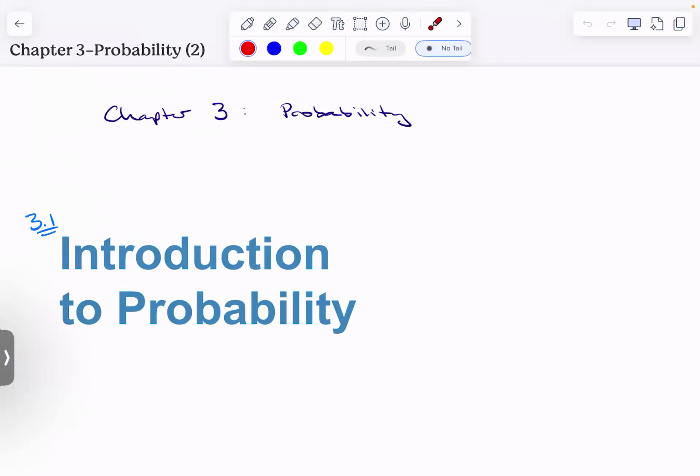Probability. Oh boy. So chapter 3 is on probability, and I will confess it's my least favorite chapter, and usually I just want to get out of here. I don't like it. But we'll see what we can do. We don't go very deep into probability, luckily.